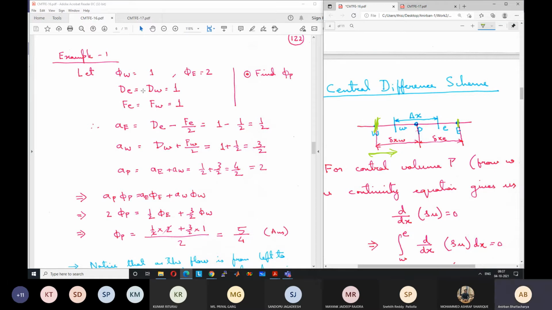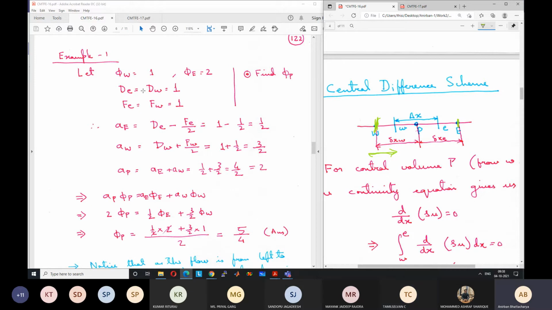So diffusion is occurring from west to east or east to west? Sir, west to east. West to east.